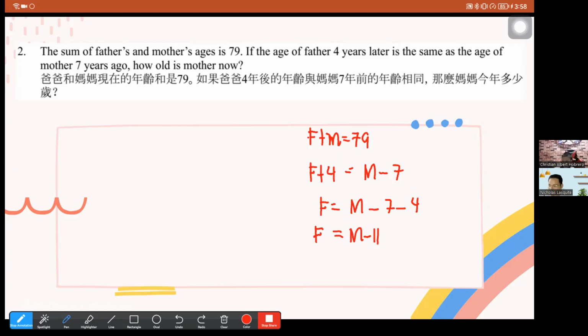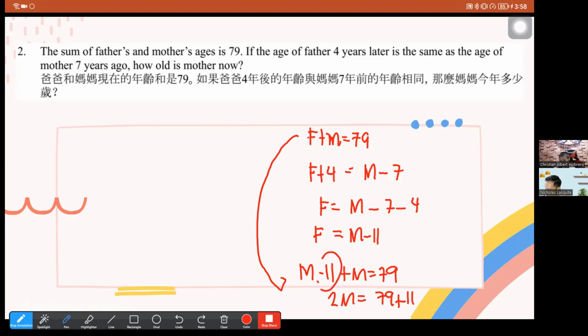So, if you substitute the value there, this will become M minus 11 plus M is equal to 79. Okay? So you have 2M is equal to 79 plus 11, because this is minus 11. When it goes to the right side, it becomes plus 11.